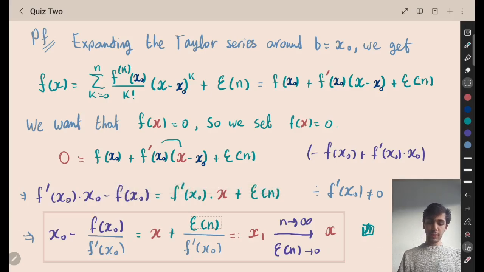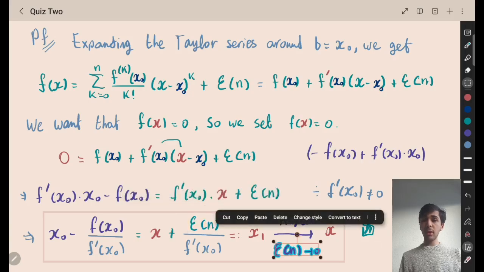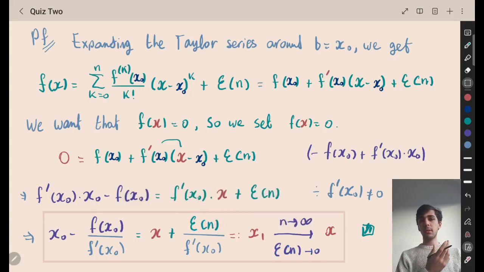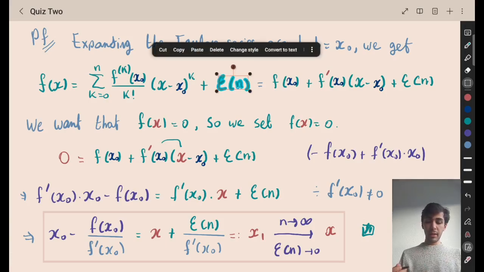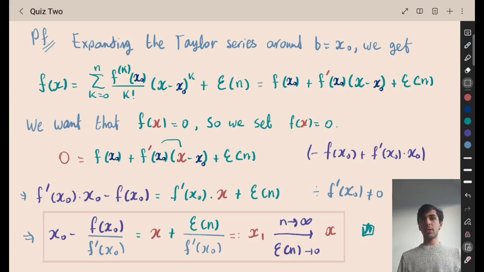It depends on the fact that the error term gets very small, and this we know from the Taylor series itself. We know that the error term, I don't want to say by definition, but by the theorem, goes to 0 as n gets very large. Because the more accurate your approximation is, the lower the error is going to be.